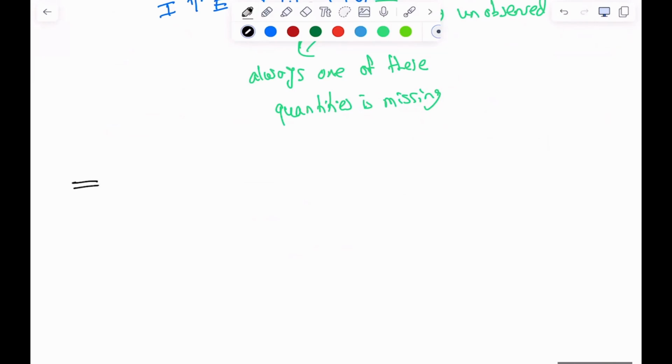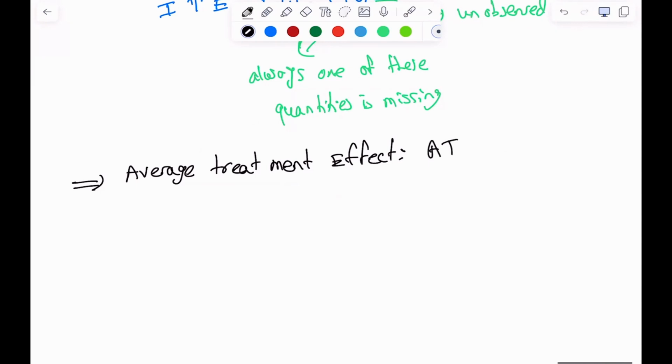Therefore, we have another terminology called average treatment effect. And this is the most popular terminology that you see in causal inference. It's called ATE. Some people call it average causal effect. An average causal effect, average treatment effect, is equal to what?